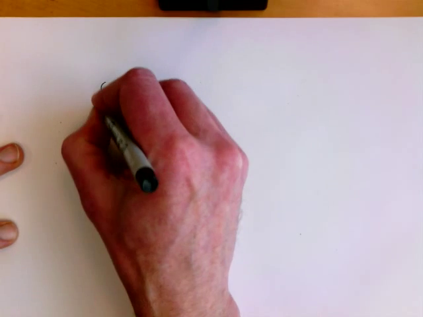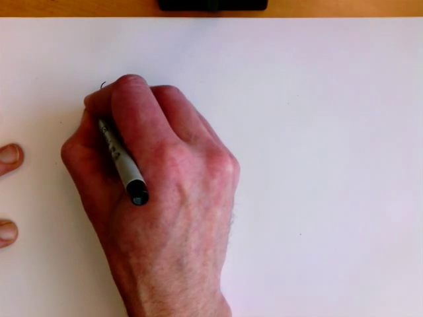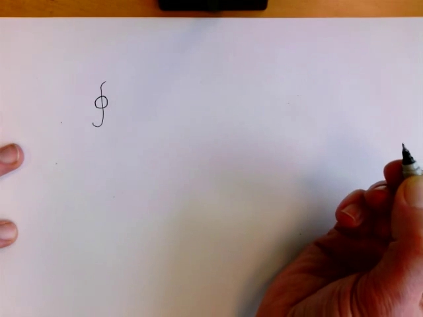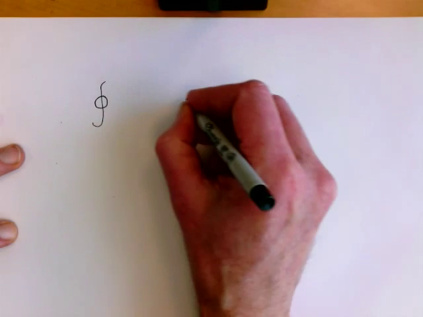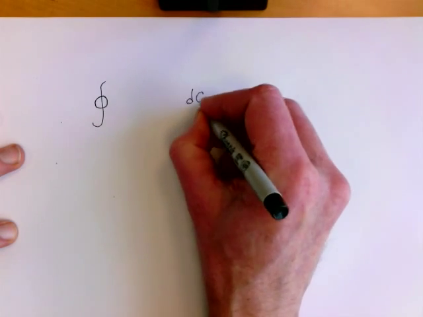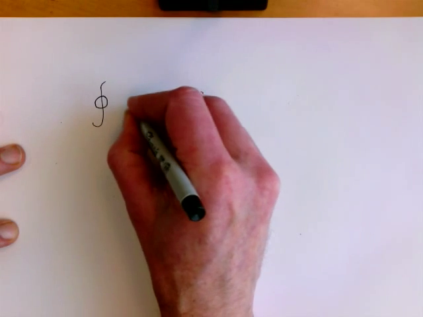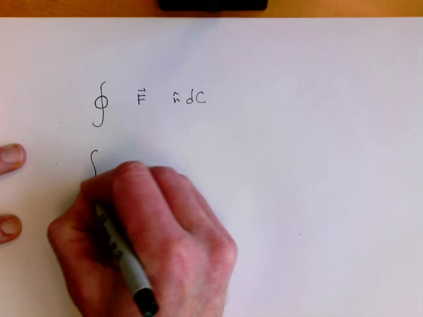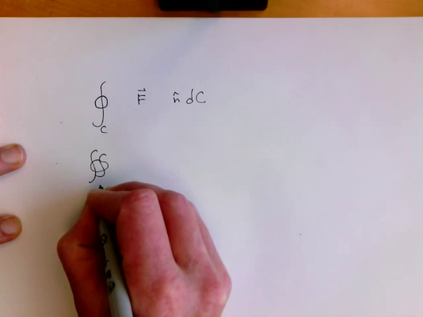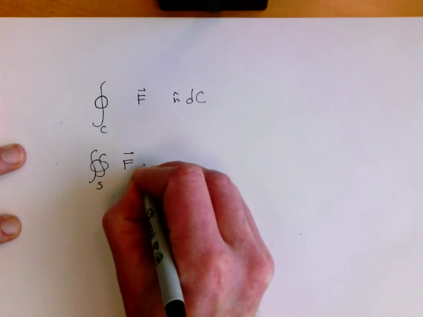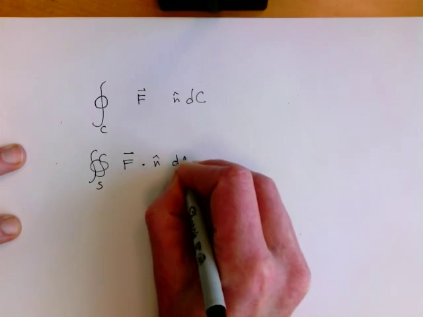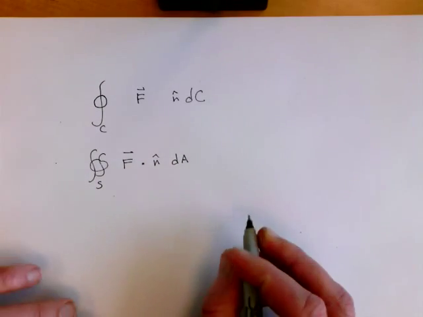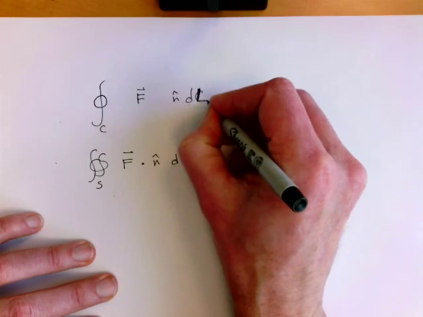In general, if you're integrating around a closed surface, it could be a closed contour, or it could be a closed surface, right? So, sorry, this should be dl.